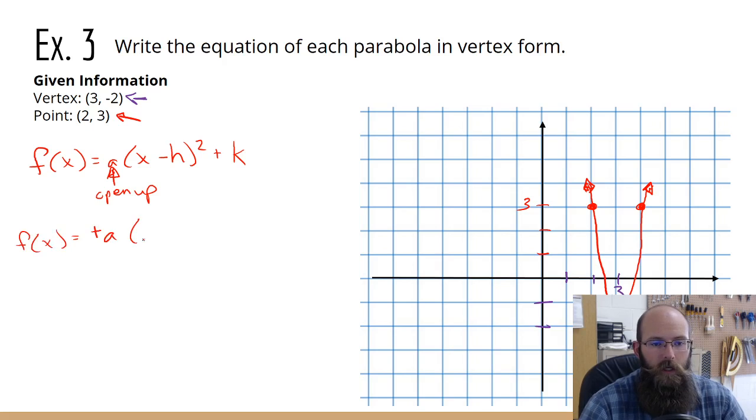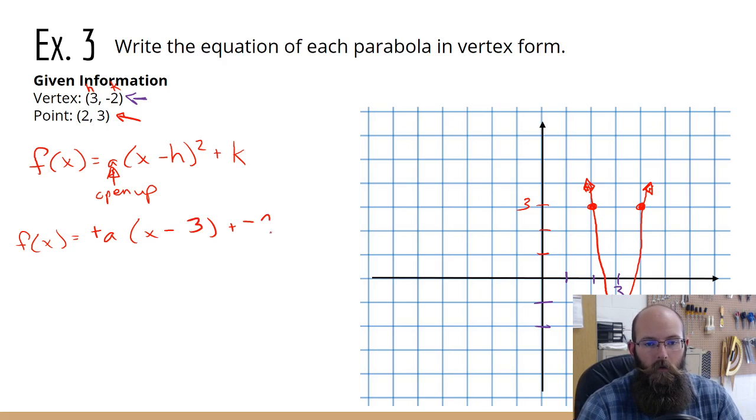I guess I don't know what exactly it is. But I do know my h and I do know my k. My h and my k are going to come from my vertex. H first, then k, just alphabetically, just like x and y. So x minus my h value of 3 plus k, which is a -2. Well, oh, don't forget your little squared there.